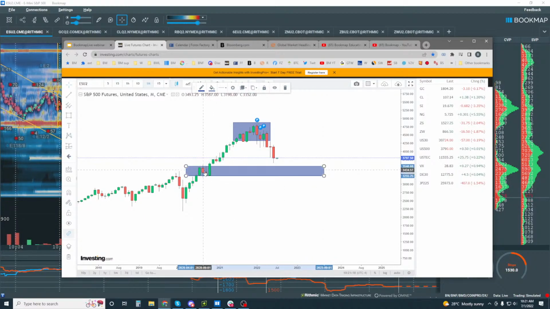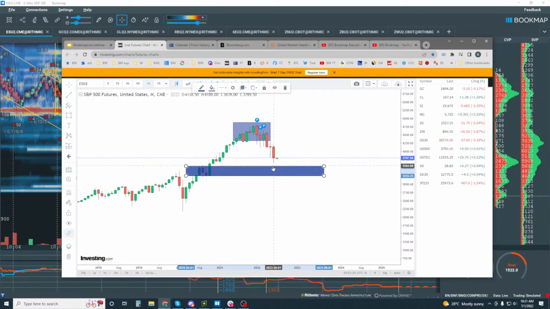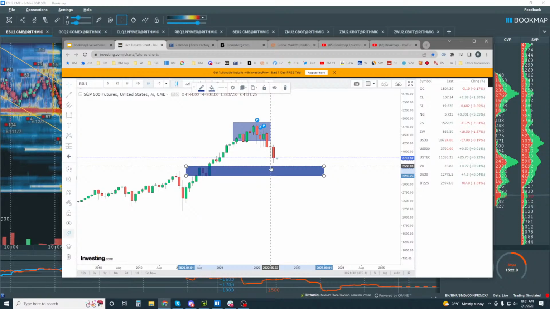Outlining this area here and this swing down here, I would be looking for buyers to come in and to bounce off of this area here. So that would be around 3550 or so. And we're at 3800 right now.